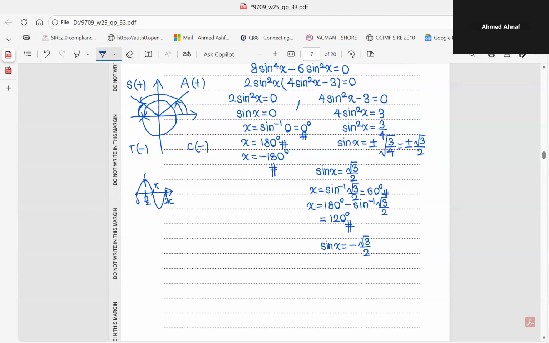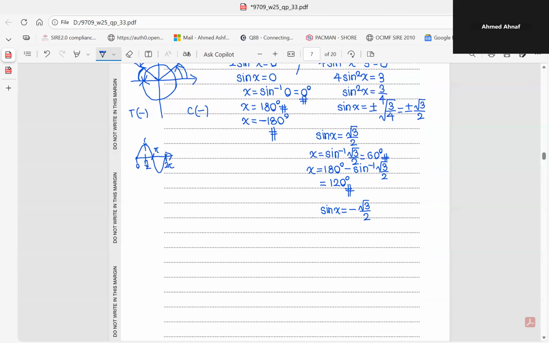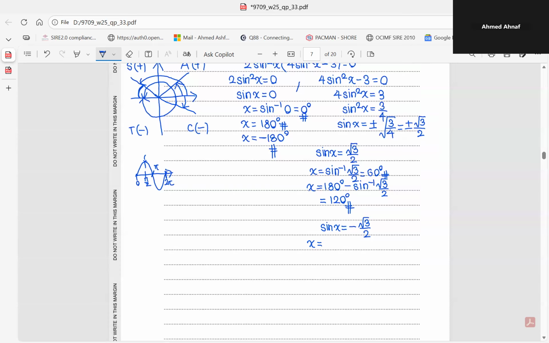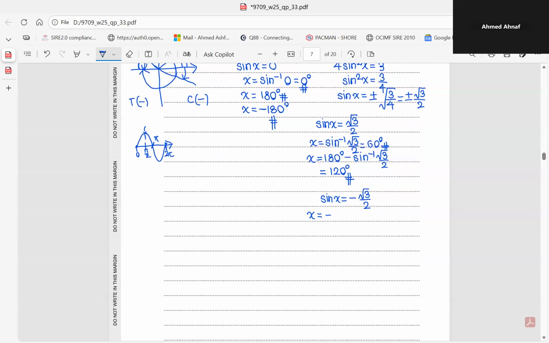So let's do the fourth quadrant first. So to get the fourth quadrant, we need to know the angle looks like this. So it's a negative acute angle. And to get a negative acute angle, just take negative sine inverse square root 3 over 2. You'll get negative 60 degrees.